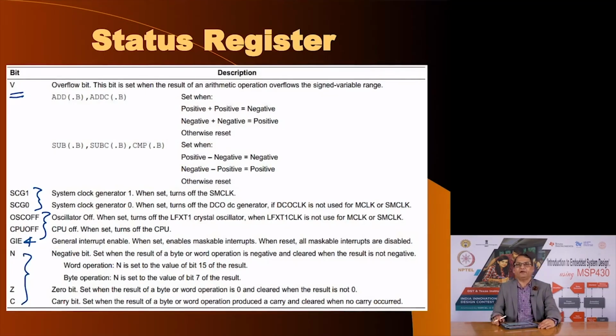The negative flag means that the most significant bit of the number that you are looking at is 1. You have the zero flag, when any mathematical or logical operation results in a 0 in all the bits, and a carry flag when there is a carry from the most significant bit to the outside. So, these are the flags that are available.